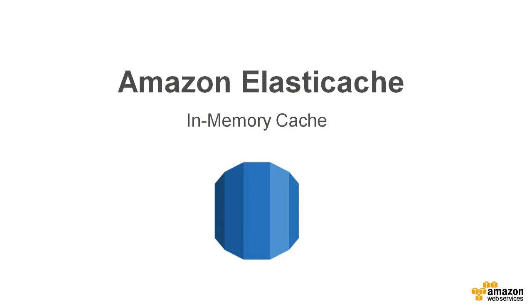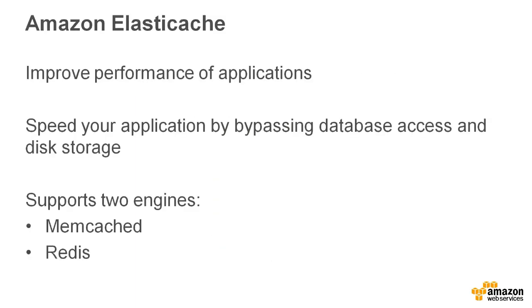The data kept in ElastiCache is usually in high demand and requires high speed. It is also a middle layer between the web browser and storage. It improves the performance of applications and speeds them up by bypassing database access and disk storage.